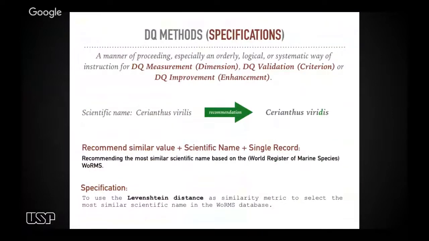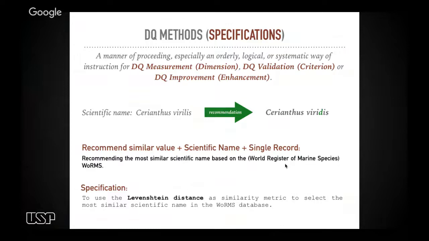The method is very important because depending on the method that I use, I may have different results. For example, let's say I have this enhancement that says recommending the most similar scientific name based on the World Register of Marine Species, WoRMS.